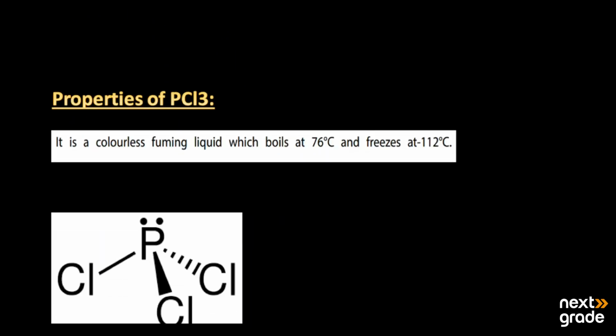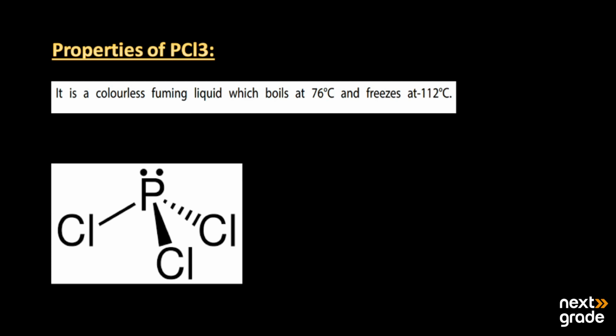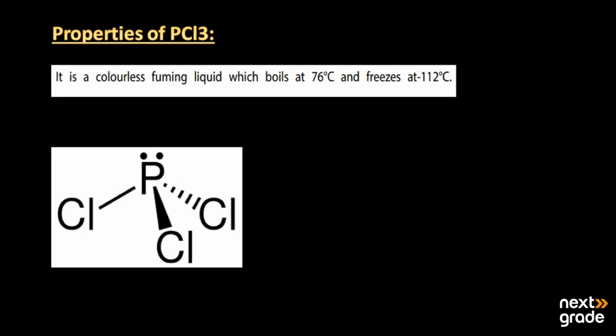The number one halide of phosphorus is phosphorus trichloride, PCl3. When we talk about its physical properties, it is a colorless fuming liquid. Fuming liquid means it produces fumes when it is in an open atmosphere or in the air, and its physical state is liquid.